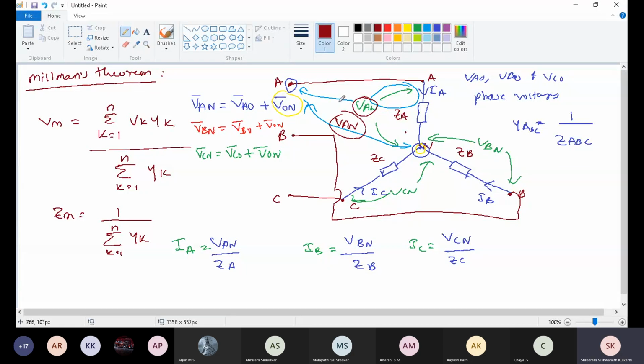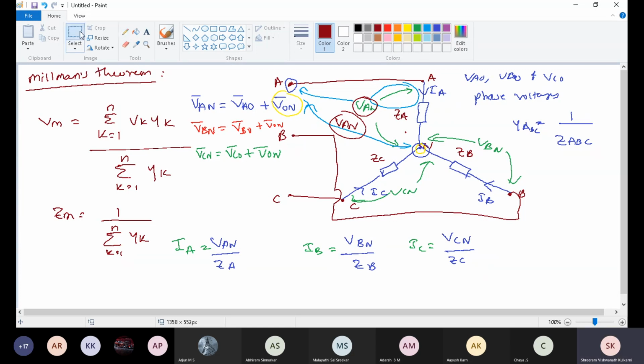These are the equations for VAN, VBN, VCN, then IA is VAN by ZA, IB is VBN by ZB, IC is VCN by ZC. This is one method; use whichever method you are comfortable with.